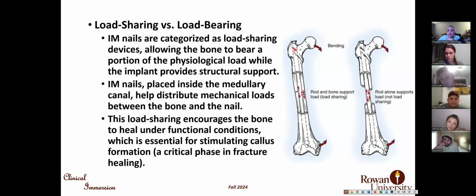Inside the medullary canal, specifically in the femur, the middle part is filled with fat tissue. This is called white bone marrow, in contrast to red bone marrow that is inside the cancellous bone.